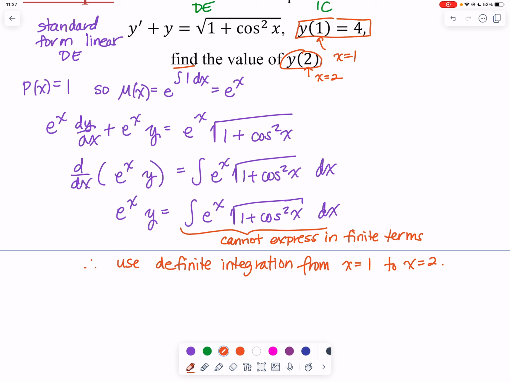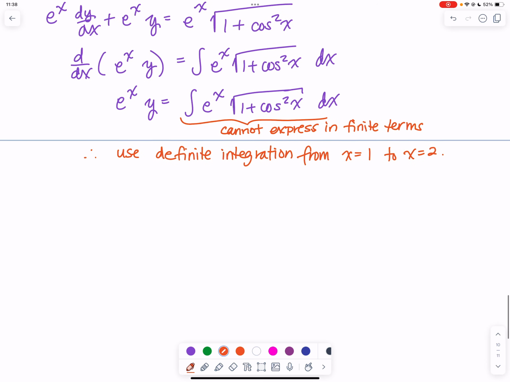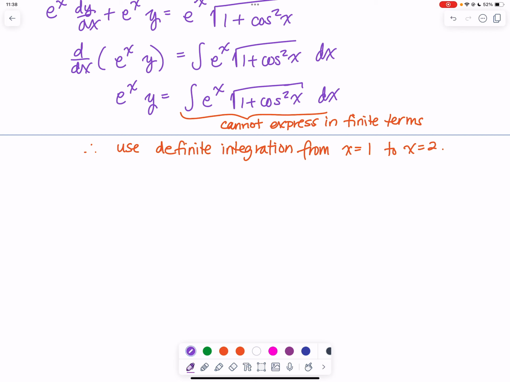Okay, so let's go ahead and give this a try. And since we can't do that, we are going to go back and use that form.